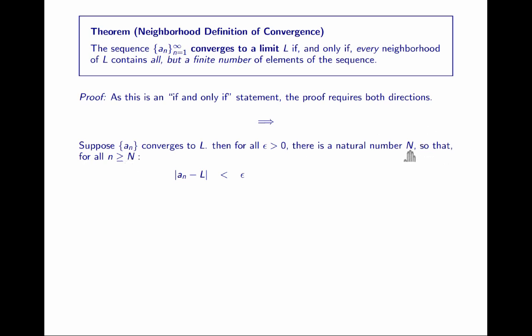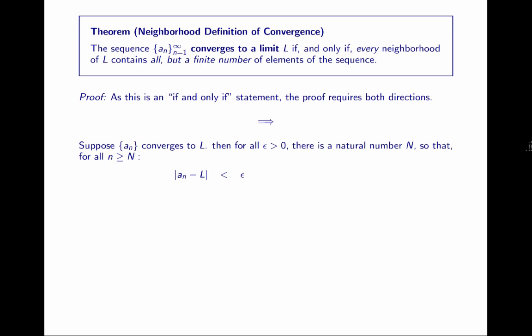Now, what is big N? It's a natural number that we're guaranteed to exist, right? We don't know which sequence we're dealing with, so we don't know the specific natural number, but we're guaranteed of its existence. It has to exist because if it didn't, then a_n wouldn't converge to L. The fact that a_n converges to L means that there is some natural number N. There's some number, it exists, and for every little n greater than or equal to it, this is true.